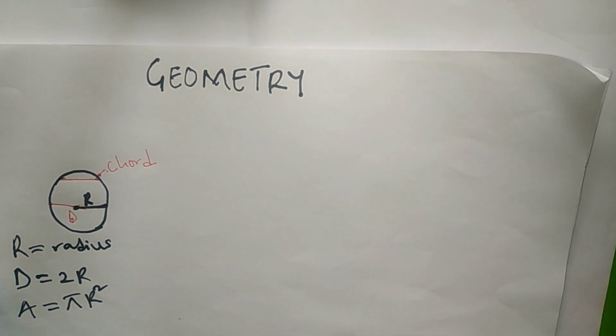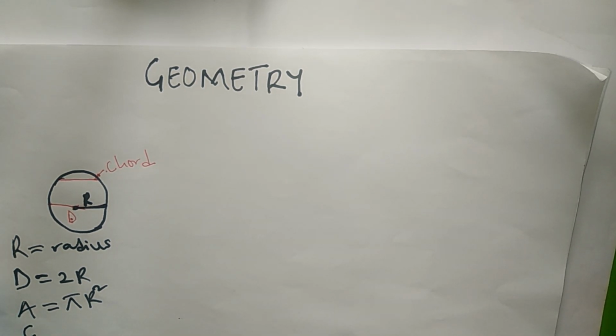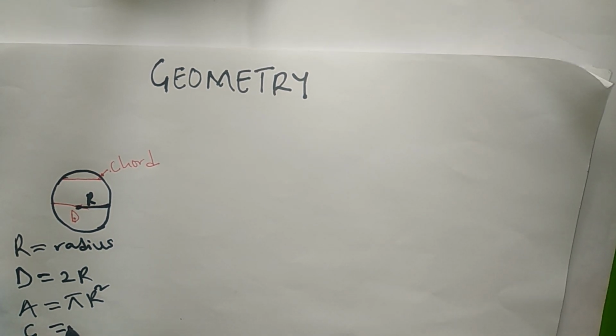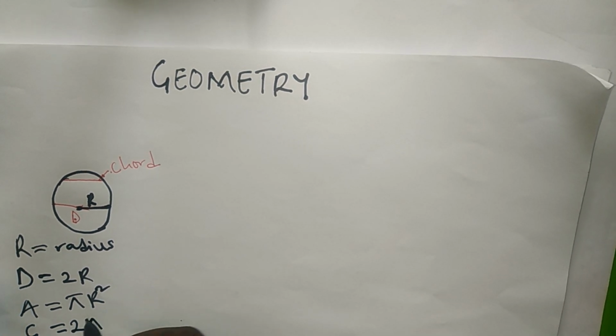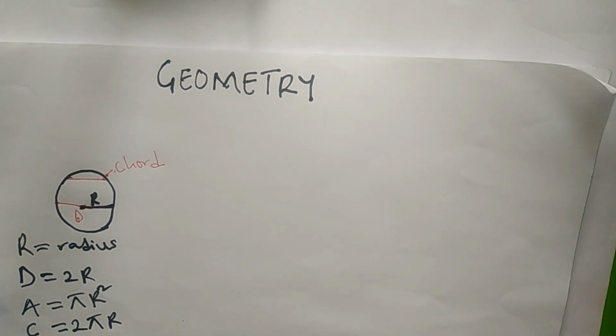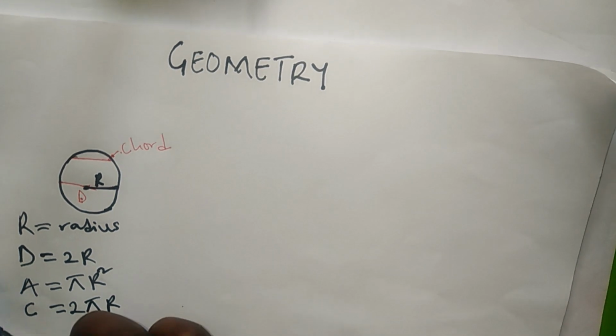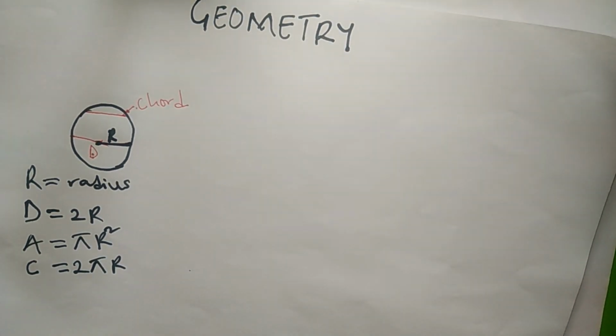Pi r square is the formula representing the radius and area. Now the circumference of this circle, let me use C for circumference. The circumference of this circle is equal to 2 pi r. That's the circumference of this circle.